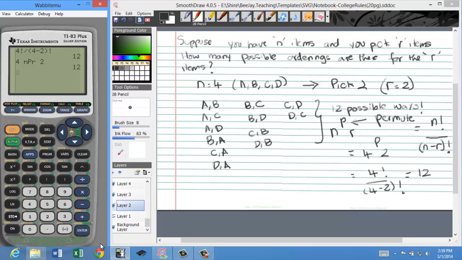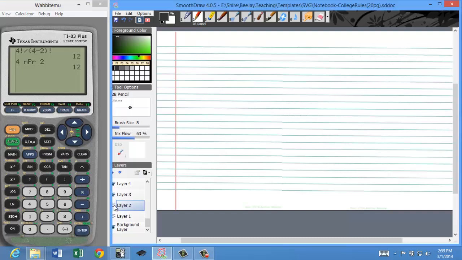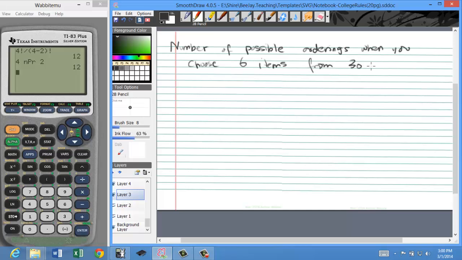So suppose in a similar manner, if we want to find the number of possible orderings when you choose 6 items from 30 different items.